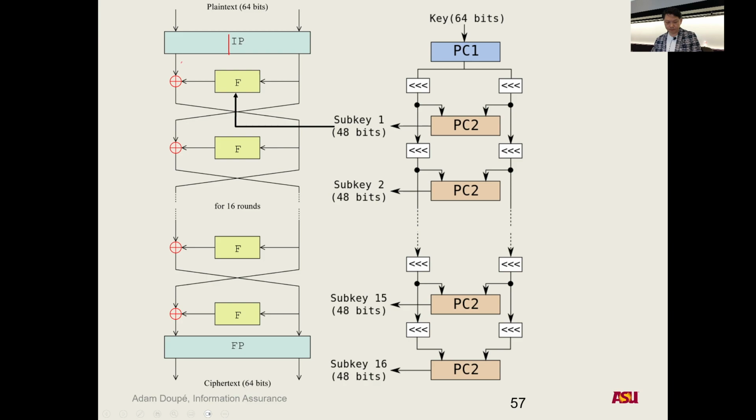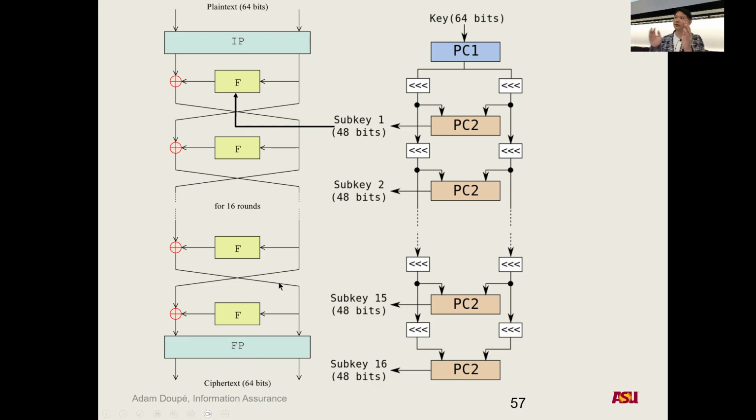So this input can be 32-bit, and this is the 48-bit input. The sizes don't match, right? So this function has some process to expand the size of the input. I will revisit this part again. In this way, they are mixed and mixed.